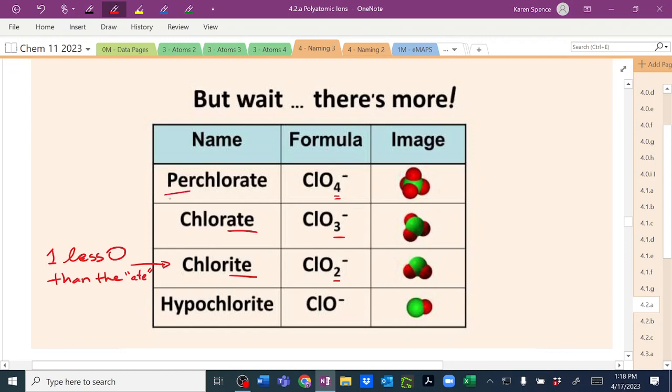Now, that's because this little per at the beginning comes from the same root as super, okay? Per is like super. And if you think about Superman, Superman is more than a man.